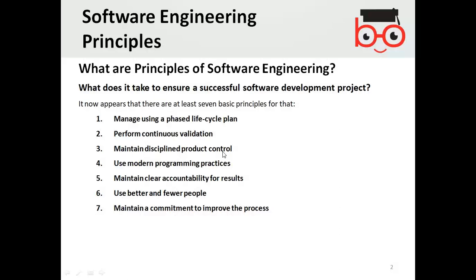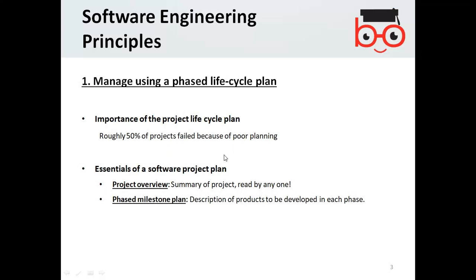And then use modern programming practices, maintain a clear accountability for results. Whatever results you are receiving through the software, you can justify whether they are correct or not. Use better and fewer people, and maintain a commitment to improve the process. So let us discuss each principle one by one.